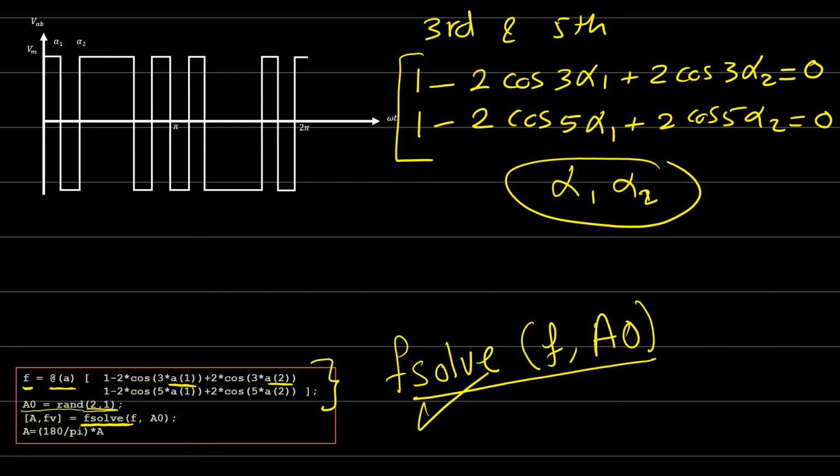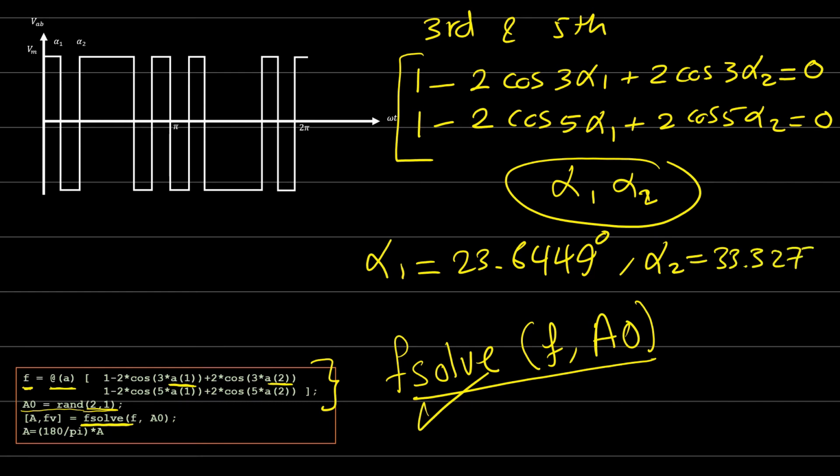I tried it yesterday and obtained alpha 1 to be 23.6449 degrees and alpha 2 to be 33.3277 degrees.